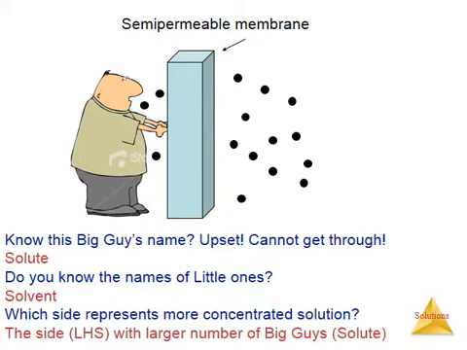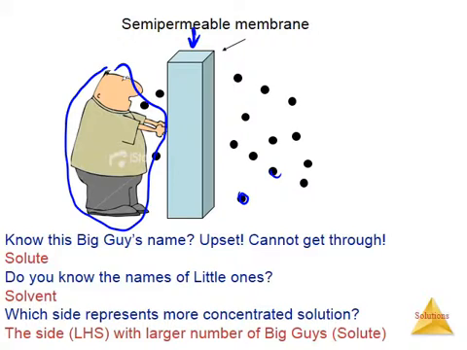In this slide, we're going to explain, if you have a semi-permeable membrane, which is this, and a solute molecule on the left hand side, this big guy is a solute molecule, and these tiny ones are the solvent molecules which can readily pass through the semi-permeable membrane.